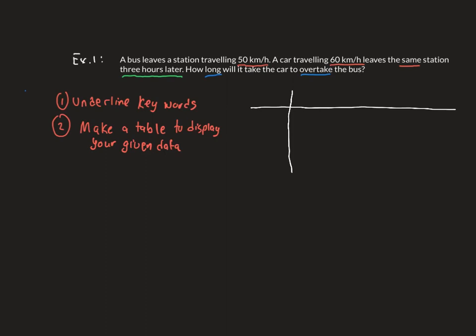So first and foremost, we're talking about a bus, and then we're talking about a car. Now, this is also a motion problem. And because it's a motion problem, as you saw on the last page, what are my variables usually?